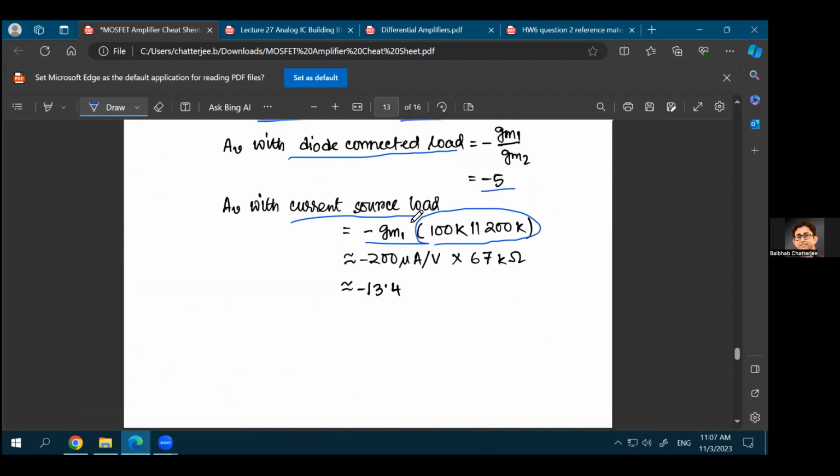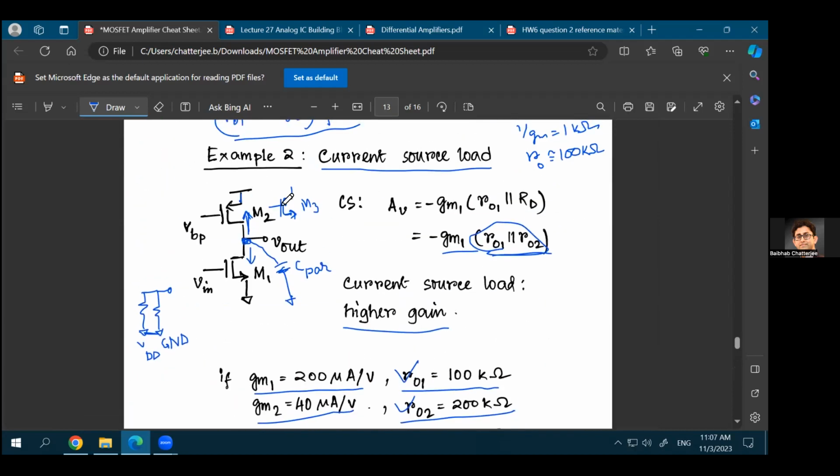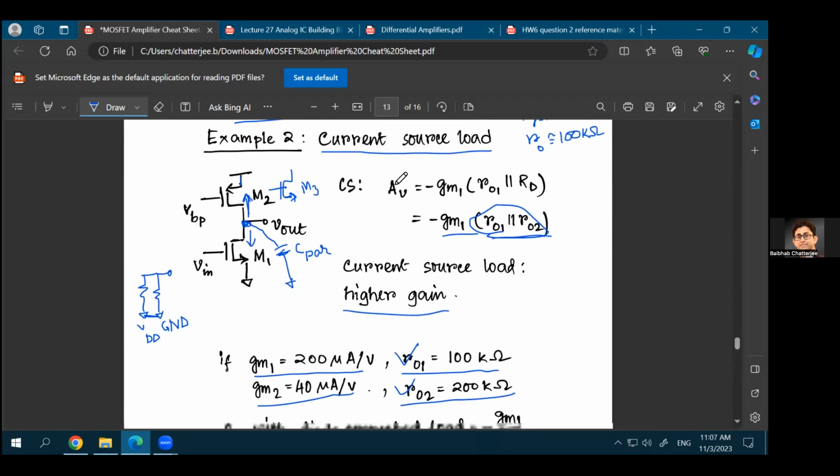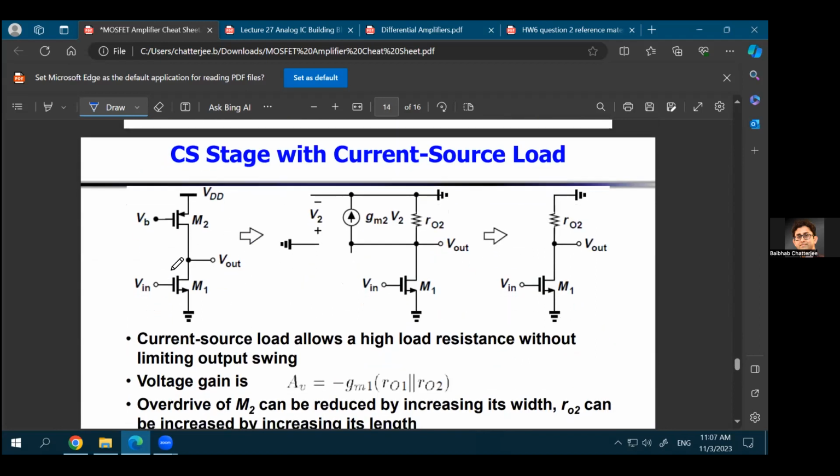That's what, yes. And one other thing that we haven't discussed till now, why is it called a current source load? So you have this as a common source stage, but on top you have this M2 transistor where the gate and drain are not connected together, but you're connecting a bias voltage to the gate. Remember how does it look like? Whenever you have a transistor in saturation and you're applying a gate voltage to it, you are applying a particular VGS so that this transistor is in saturation.